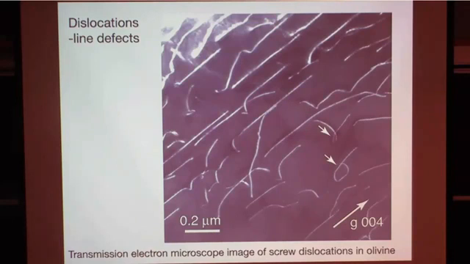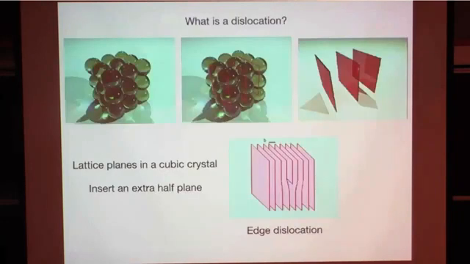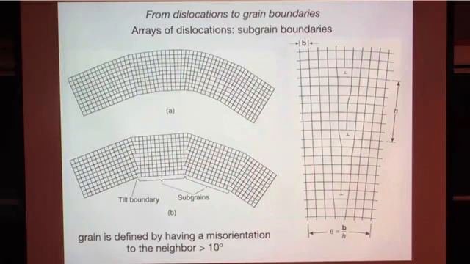So I'll just point out we have line defects, these dislocations. Very briefly, you can visualize that as an extra half plane in your crystal. The reason I want to mention that is you can imagine stacking those line defects, and you can see what happens to the crystal lattice, right? In a sense, you're again putting energy into it, and you're distorting the crystal lattice.